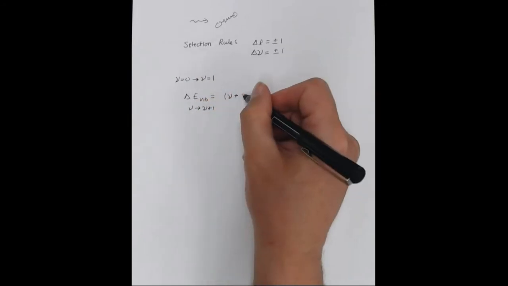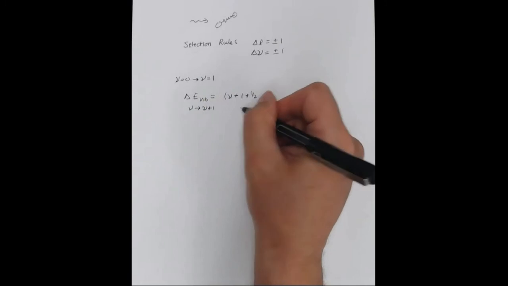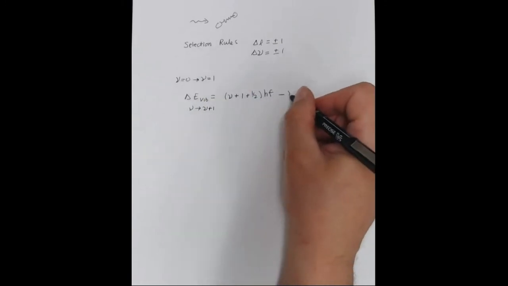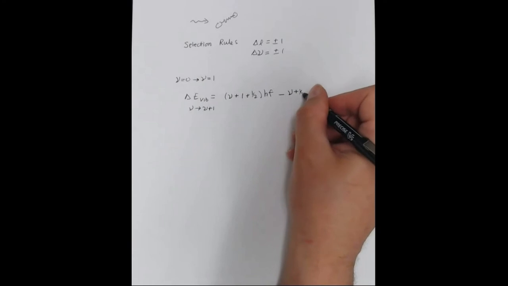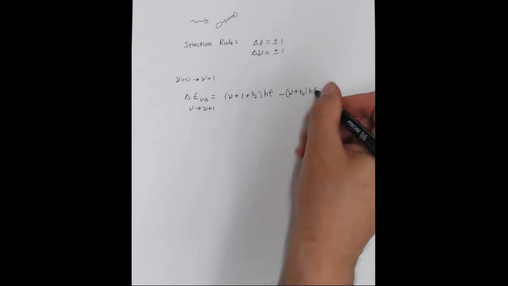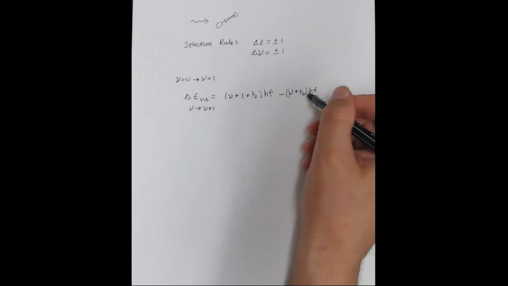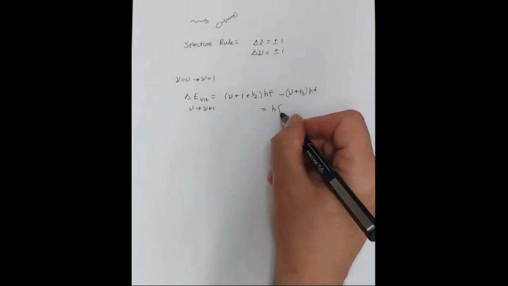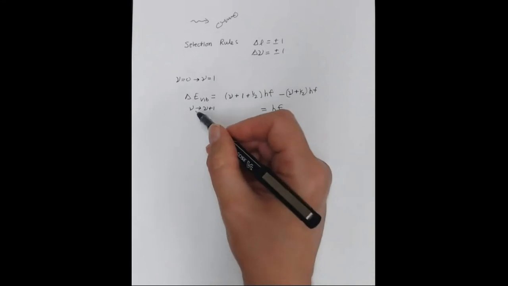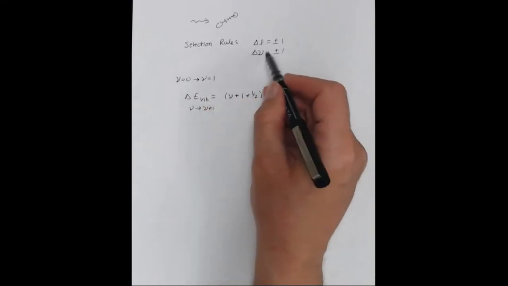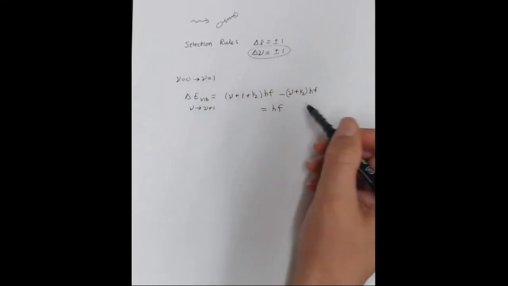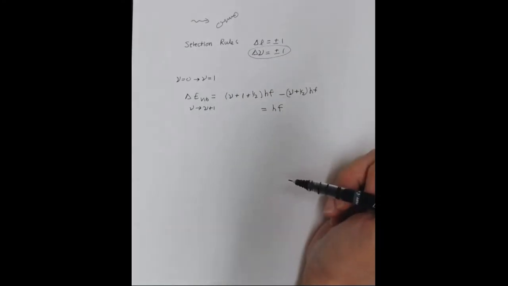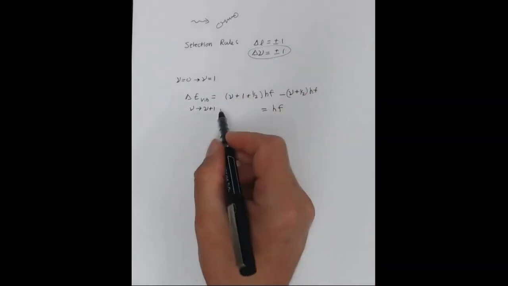So the final state is (nu plus 1 plus 1/2) hf, minus the initial, (nu plus 1/2) hf, and you can see the difference is just hf. So when we get a change of delta nu plus or minus 1, we're going to get a change of plus or minus hf. So for absorption, we're going to go up.